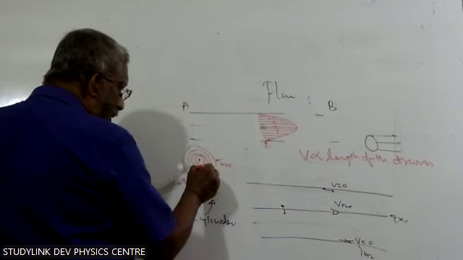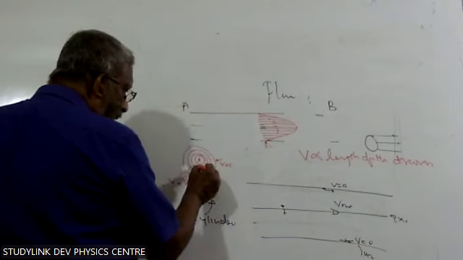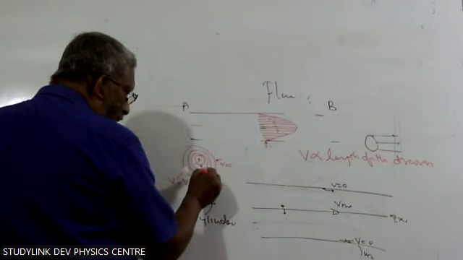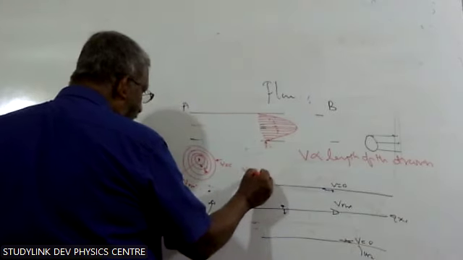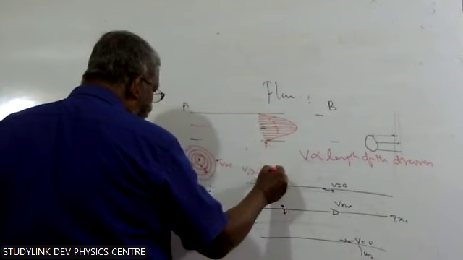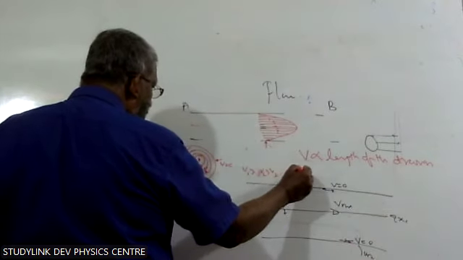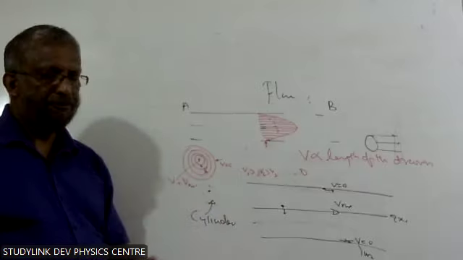From here outwards, we'll say V1, V2, V3 like that. So V1 is greater than V2, greater than V3 like that. It comes to 0. Draw this.